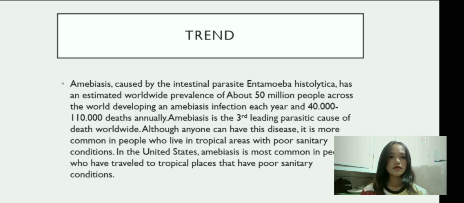Amoebiasis is the third leading parasitic cause of death worldwide. Although anyone can have this disease, it is more common in people who live in tropical areas with poor sanitary conditions. In the United States, amoebiasis is most common in people who have traveled to tropical places that have poor sanitary conditions.